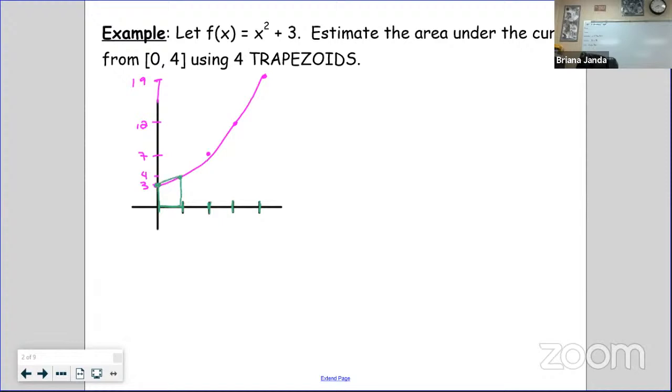You can see it's very close to my curve, but it's actually a trapezoid. For this first trapezoid, its area would be 1/2, its height would be the distance between, and since I had a length of 4 split into 4 equal trapezoids, each height is 1 in this example. My 2 bases would be f of 0 and f of 1, so 3 and 4.